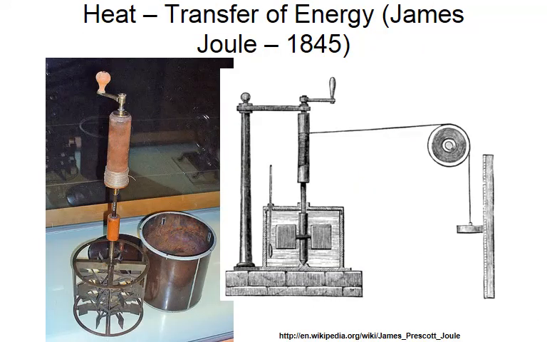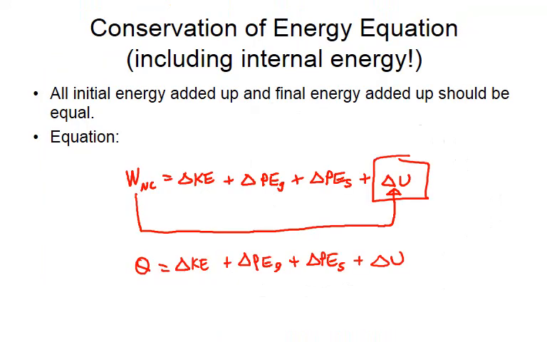So if we look at this apparatus, this is James Joule's apparatus here, where we have a mass that's hanging, and what he was able to do is look at the potential energy here that turns into kinetic energy of the paddles, that heats up the water, and get the mechanical equivalent of heat. And that was a really critical thing that he was able to do.